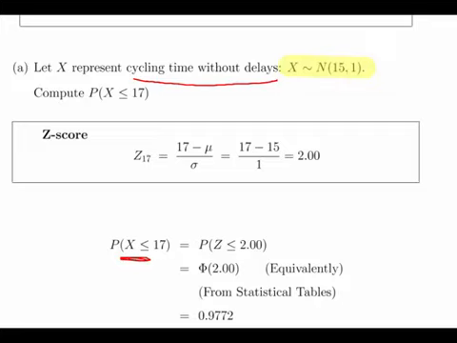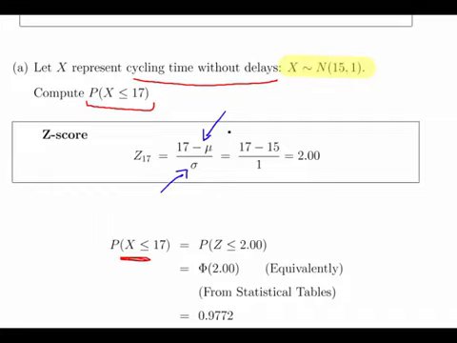So what is the probability of the journey time being less than 17 minutes, or no more than 17 minutes? That's the probability of x less than or equal to 17. In the normal distribution, what you would do with nearly all these questions is calculate a z-score, or use the z-score formula in some way, shape or form.